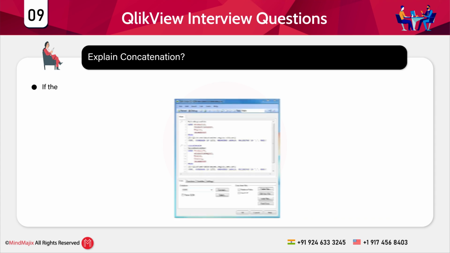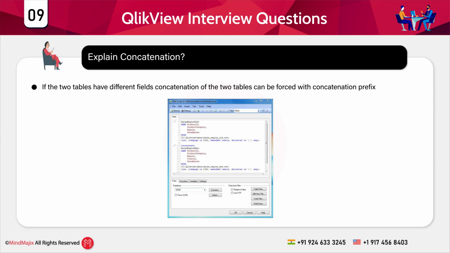What is concatenation? Concatenation is just like the union concept in SQL. Two tables with equal attribute names can be merged by use of the union. The same way here in QlikView, if you have two tables with the same attributes, when they are loaded into memory, they will be concatenated to form a single table.